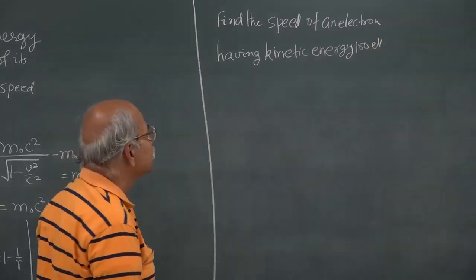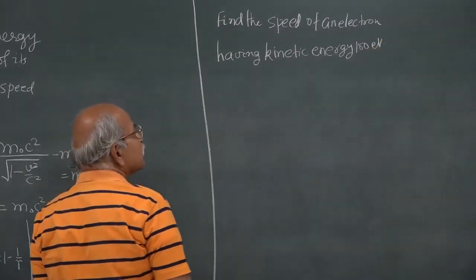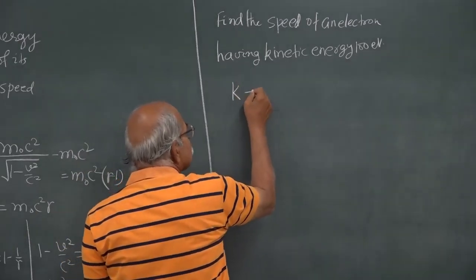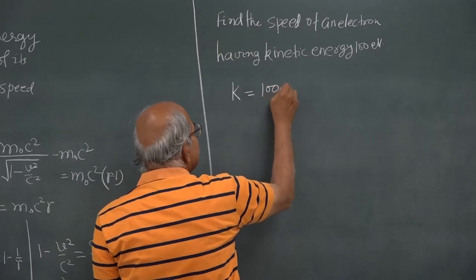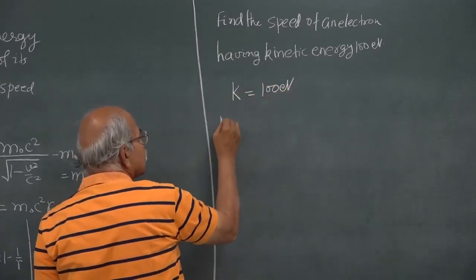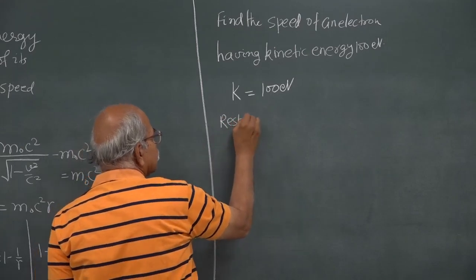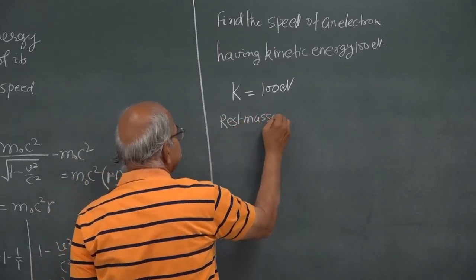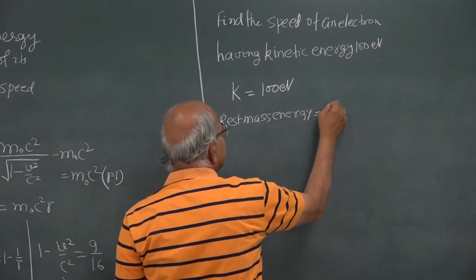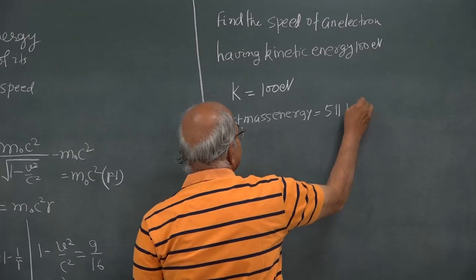So, what is the speed? And this is an electron, remember. So, the kinetic energy is 100 eV and the rest mass energy is 511 kilo electron volts.